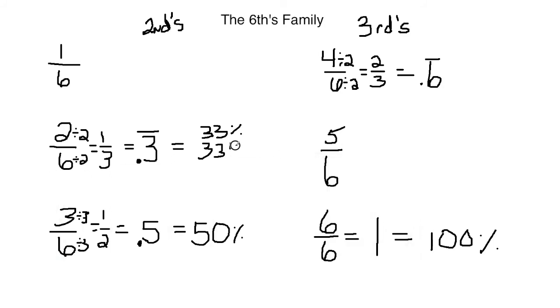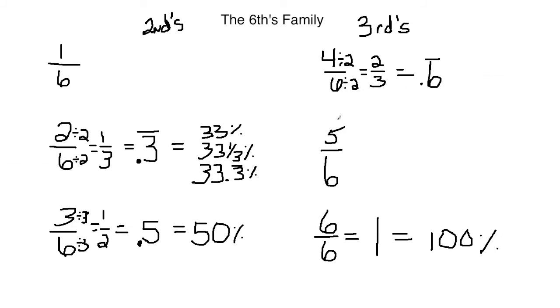So it's 33 and 1/3%. And as a decimal percent, what is 1/3 as a decimal? Well, 1/3 as a decimal is 0.3 repeating. So then it's 33 and 0.3 repeating percent.